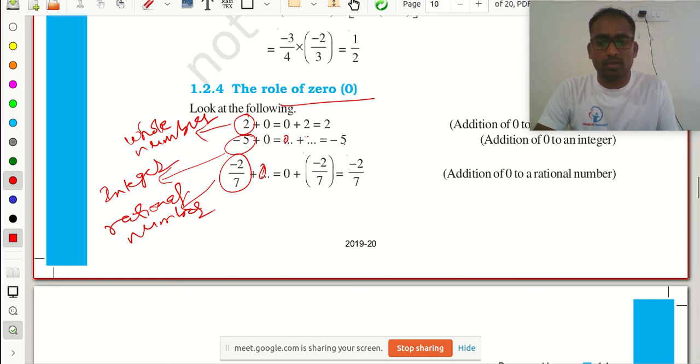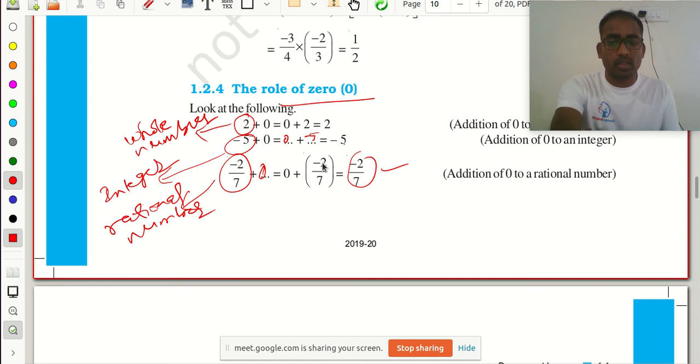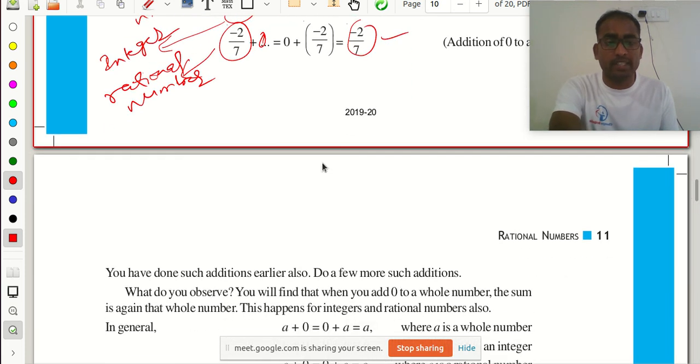Understood? Minus 2 by 7 plus 0 is equal to 0 plus minus 2 by 7, which is minus 2 by 7 only. So by adding 0, I am not changing my result. My result is the same after adding 0, so there is no effect of 0 in addition.